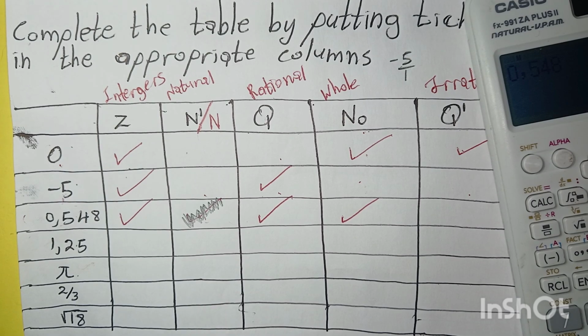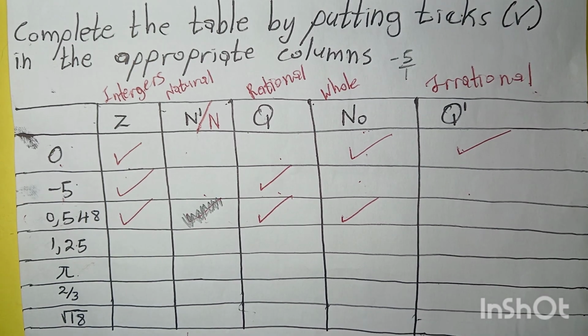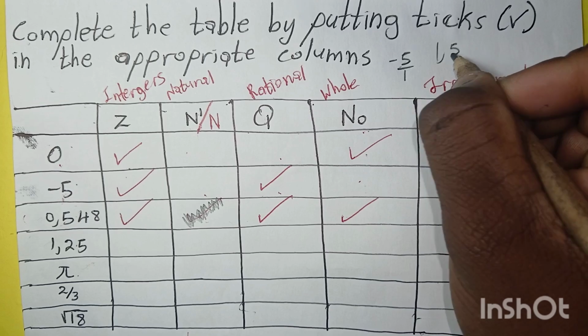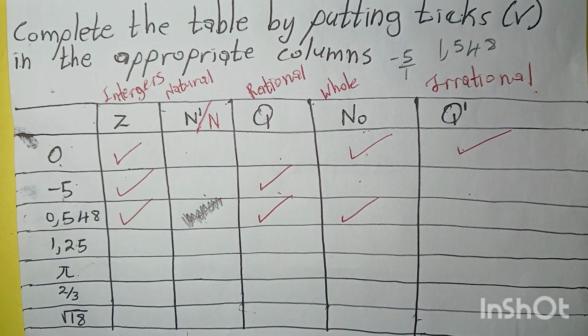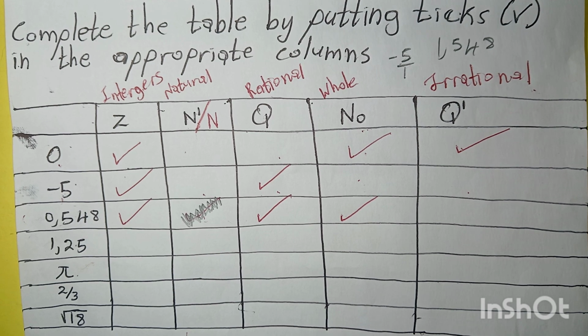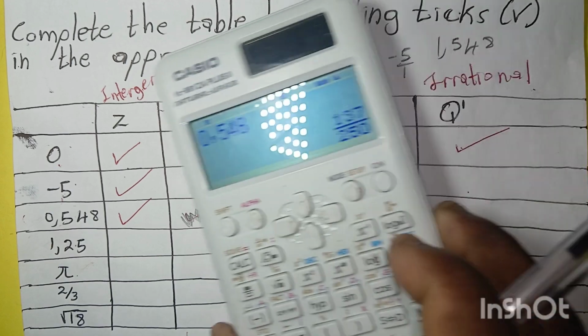It's not a natural number because it doesn't start at 1 or above. It starts less than 1. It must start from 1 or above. If it was something like 1.548, we could say this thing is above 1. Do you understand?